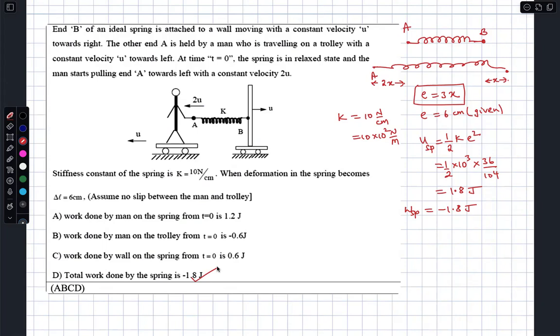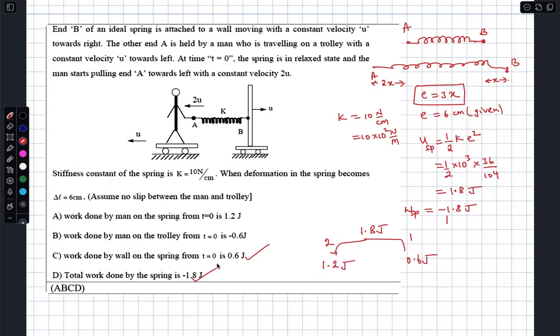Next, please try to understand that the energy is shared in the ratio 2:1. The work contributions are 2:1 by A and by B. Why? Because you can see 2x and x. So work done by wall on the spring is 0.6 joules. If you split 1.8 joules into 2:1, this becomes 0.6 joules and this becomes 1.2 joules.